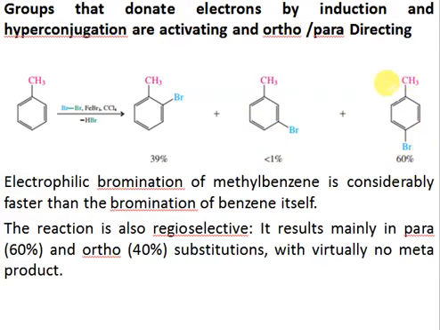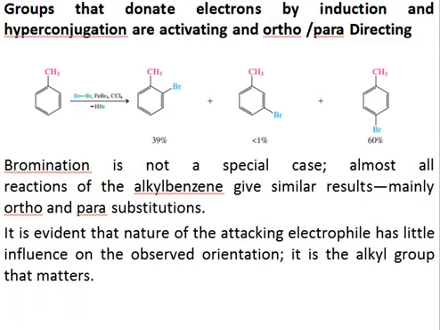So you can see that this reaction is selective. It's selectively favoring the para product as well as the ortho product, whereas the meta product is in trace amount. It's virtually no meta product, right? So this reaction is only giving the para and ortho products.